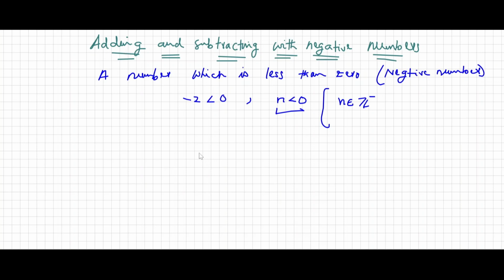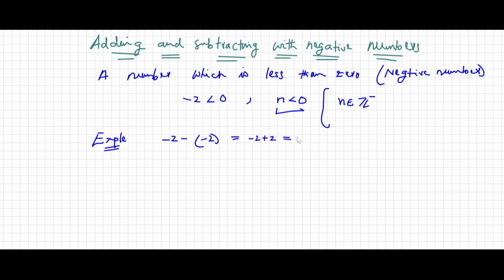Let's consider an example. We have -2, and if we want to subtract a negative number, let's suppose -2, it is like -2 plus 2.